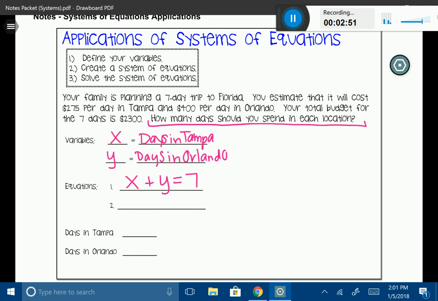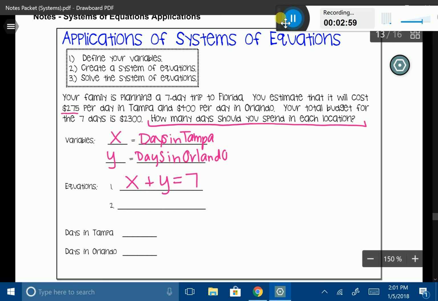Now I'm going to start incorporating those numbers that are within my word problem to create my second equation. So you can see that it says $275 per day in Tampa and then $400 per day in Orlando. I'm going to incorporate those numbers into my next equation. I'm going to say 275 times days in Tampa plus 400 times days in Orlando.